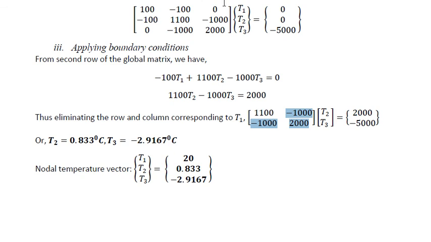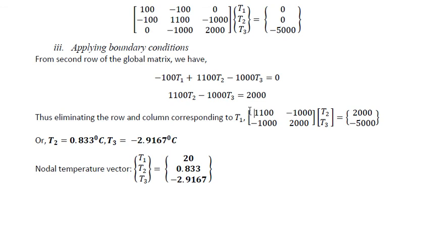The first row and first column are eliminated and T1 is also not there. This is equal to, in place of 0, 2000, and then minus 5000. Now there are two unknowns and two equations, so solving is very easy now.